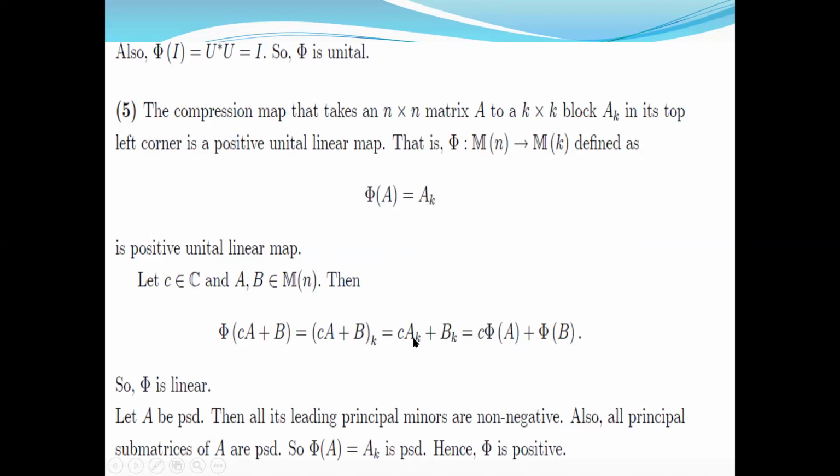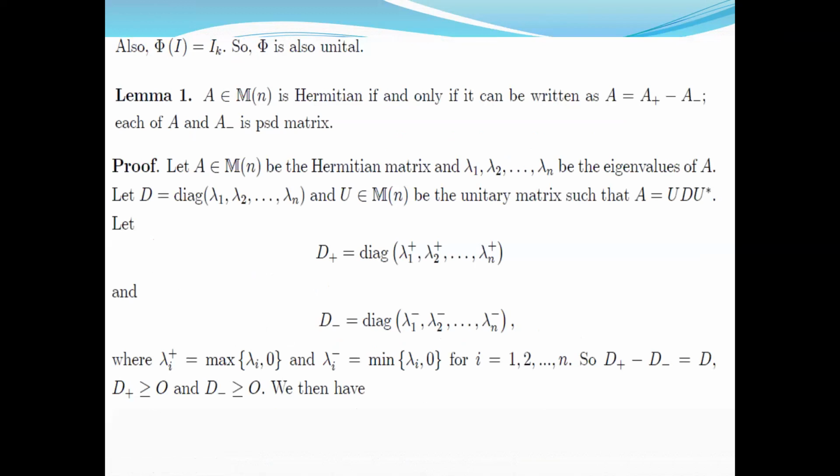Then this equals cA_k + B_k, which is c phi(A) + phi(B). So phi is linear. Now let A be positive semi-definite. Then all its leading principal minors are non-negative. This we have studied. Also, all principal submatrices of A are positive semi-definite. So phi(A) = A_k is positive semi-definite, and hence phi is positive.